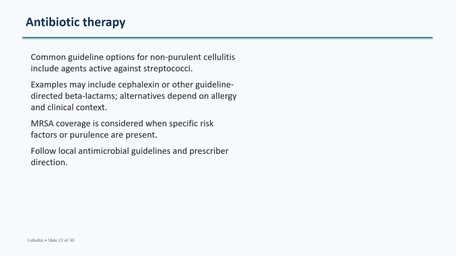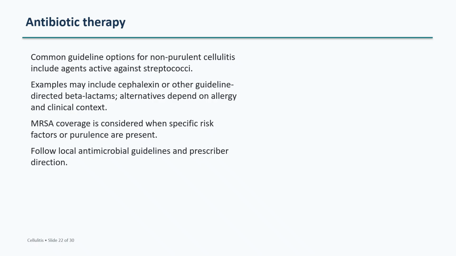So here we will see what antibiotic therapy is given to the patients who are suffering with cellulitis. The common guideline options for non-purulent cellulitis include agents active against streptococci.